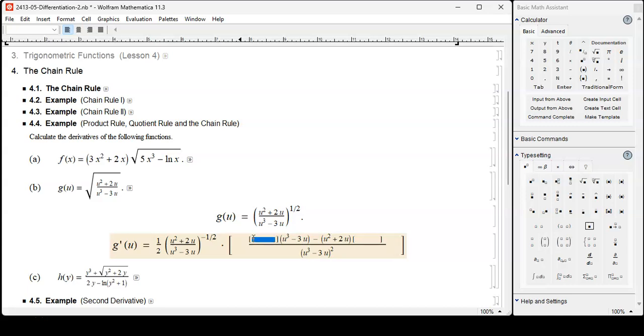The derivative of the numerator: 2u plus 2. How's that? And then the derivative of the denominator: 3u squared minus 3. Did I do this right?